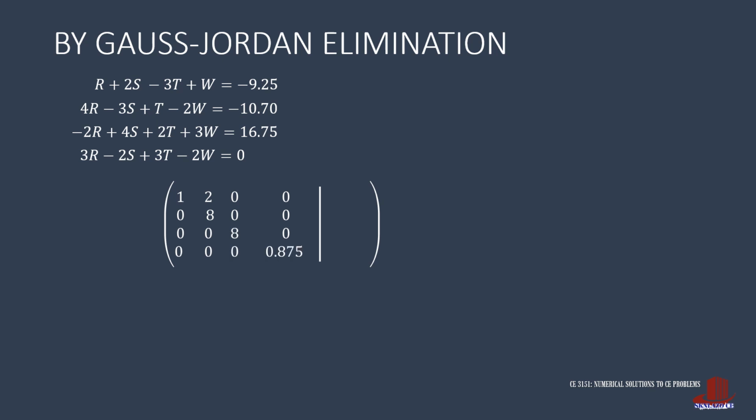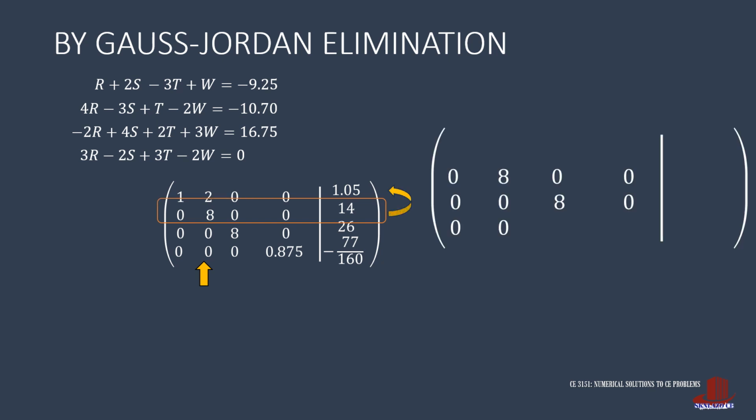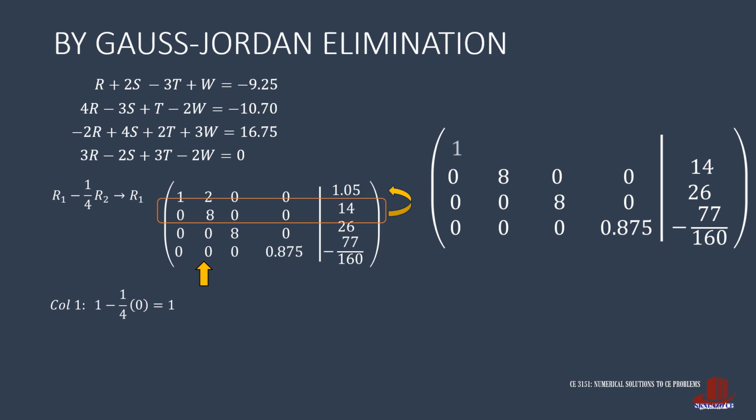Now we are at the last element elimination, and that is element 1, 2. Use row 2 to eliminate element 1, 2 by using the operation R1 minus a quarter of R2 as the new R1. So from the first column, take 1 minus 0 over 4 to give 1.